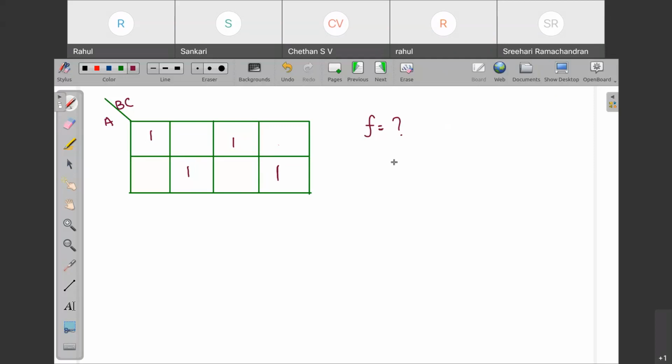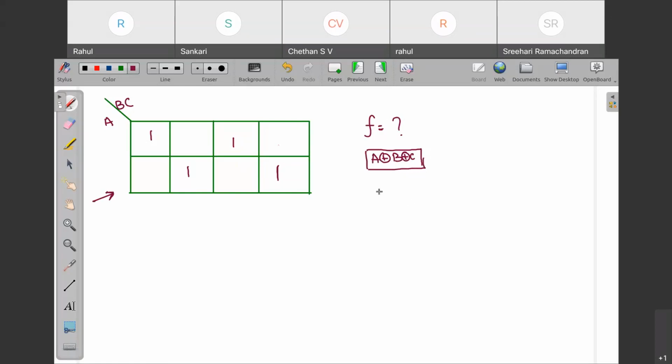If you solve this, this will come out to be A XOR B XOR C. In examinations, this has been asked many times. They give options and ask which of the following expressions is this KMap. So you need to write that this is A XOR B XOR C.